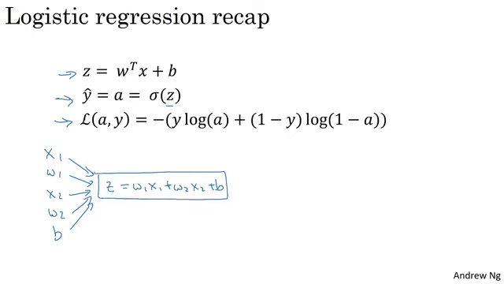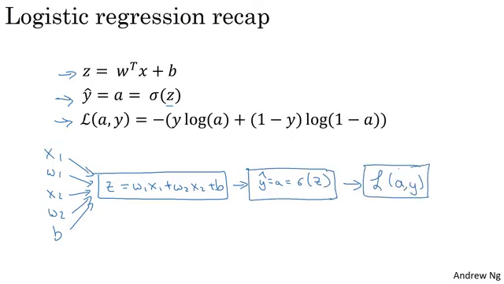Draw a rectangular box around that, and then we compute y hat, or a, equals sigma of z. That's the next step in the computation graph. And then finally we compute the loss L of a and y, and I won't copy the formula again.